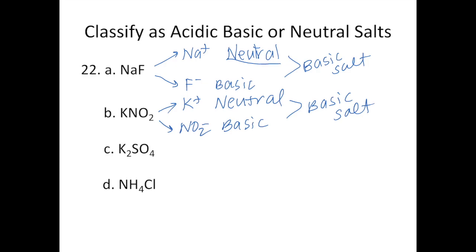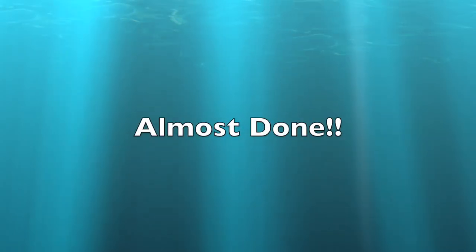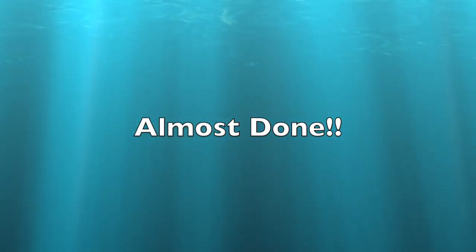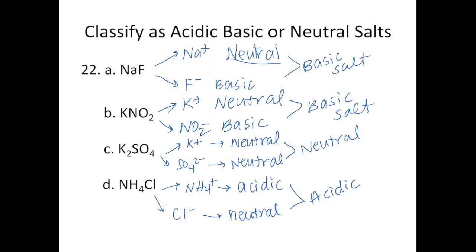All right, break these last couple apart. This guy, we have two neutrals because K plus has KOH as the parent. SO4 is sulfate, and sulfuric acid is the parent, which is strong. So they both come from strong parents, so they're both neutral, and overall it's a neutral salt.